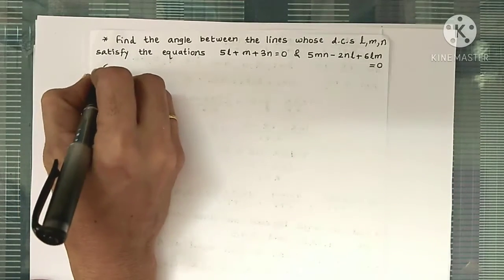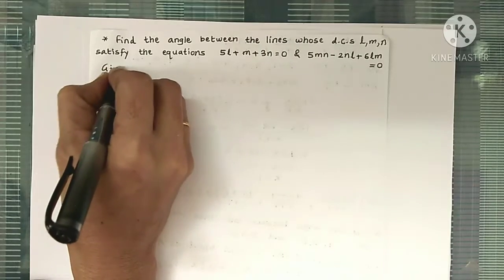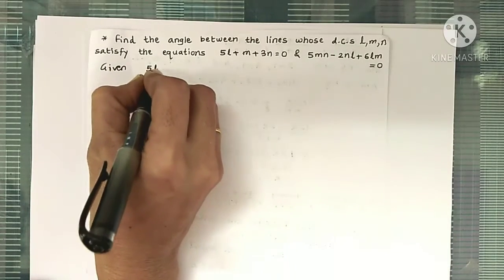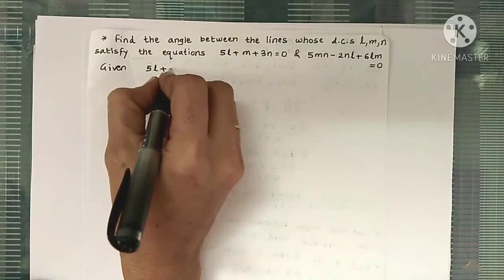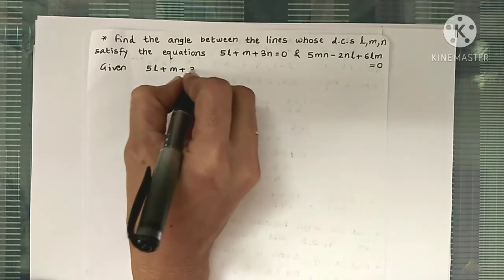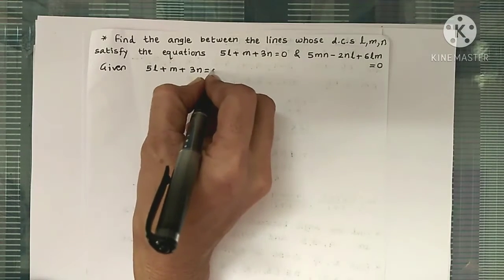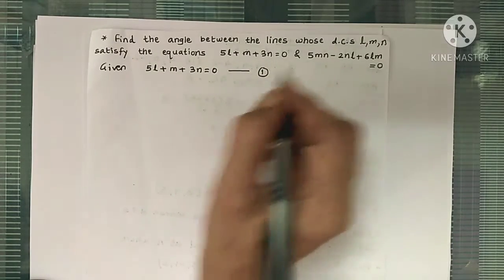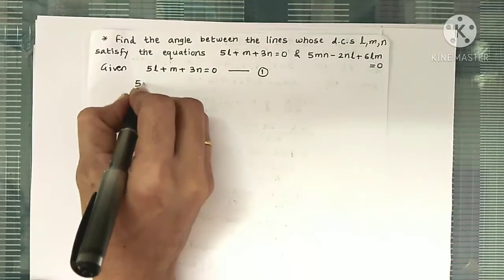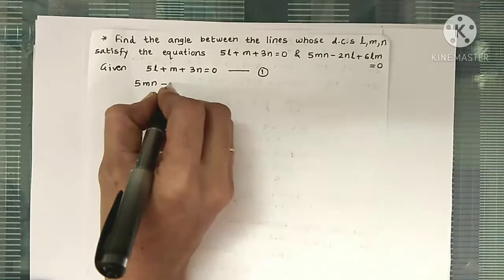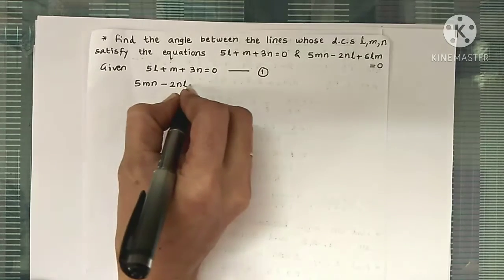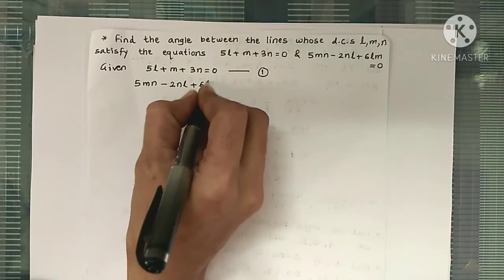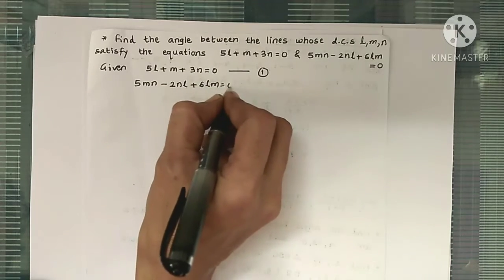The given equations are, first one is 5l + m + 3n = 0. Let this be equation number 1. And the second equation is 5mn - 2nl + 6lm = 0.